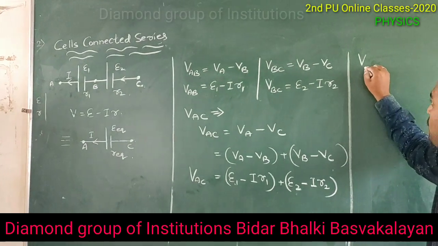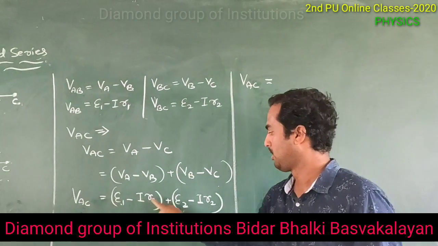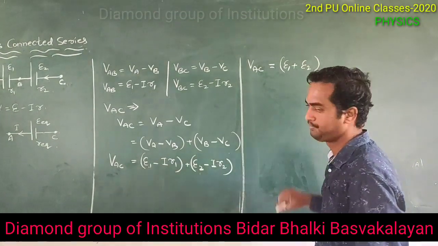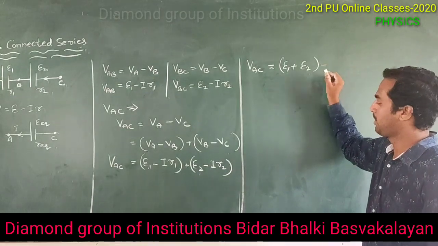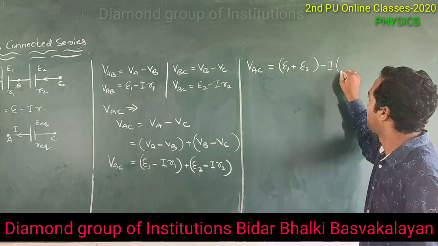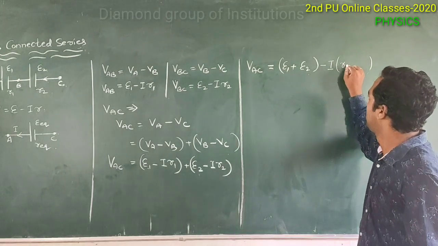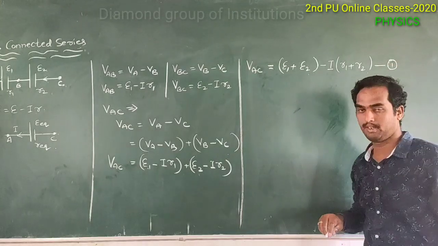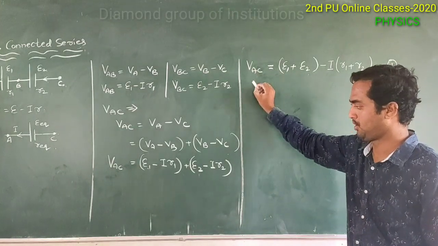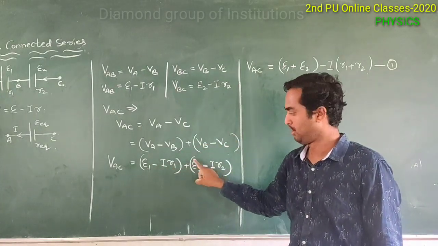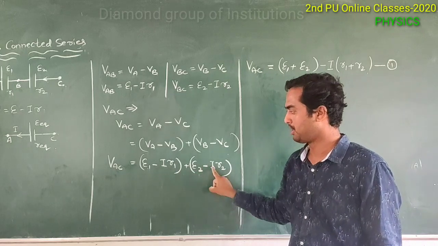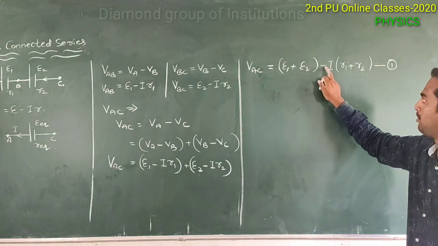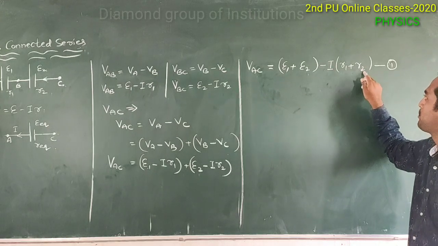So VAC equal to, taking the EMFs to one side, E1 plus E2, and taking minus and I common, equal to E1 plus E2 minus I into R1 plus R2. This is equation number 1.